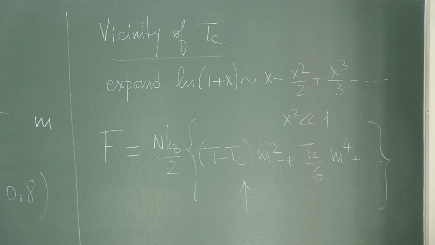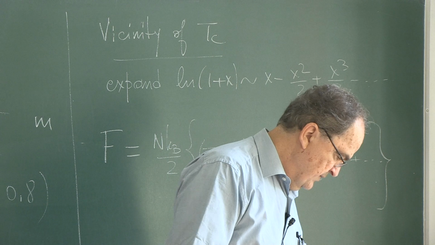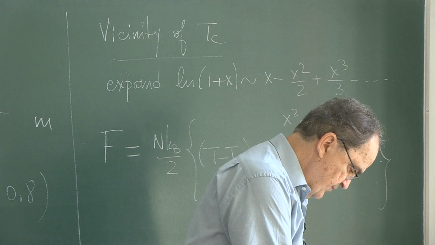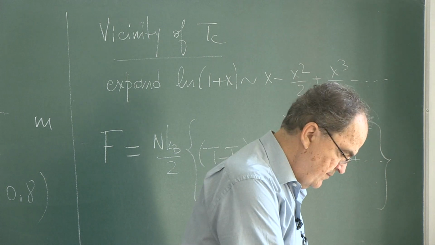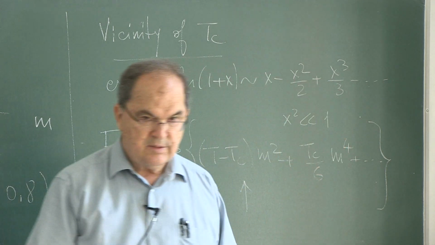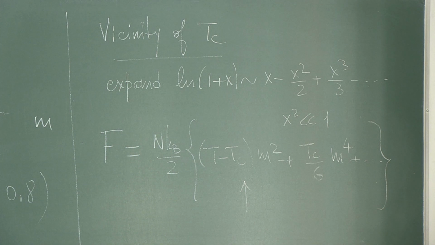That coefficient, T minus Tc. The critical point corresponds to the point where the coefficient of m squared changes sign. This explicitly gives us a way to discuss the phase transition, the second order phase transition, isn't it? Is that simpler?